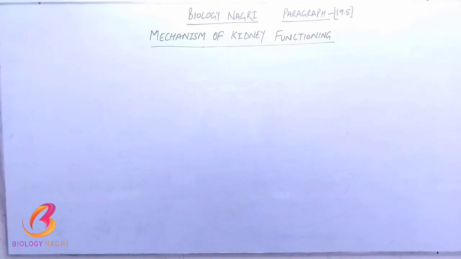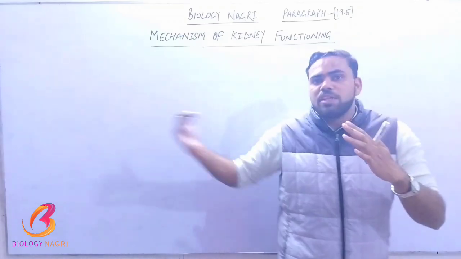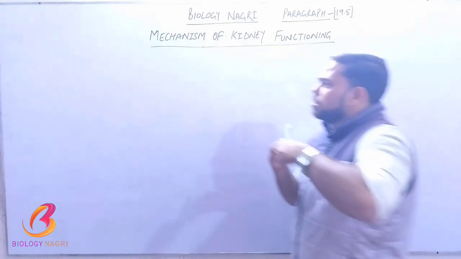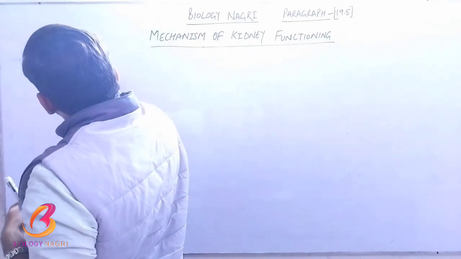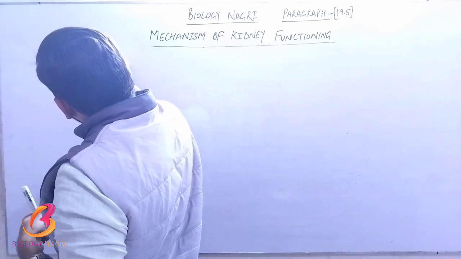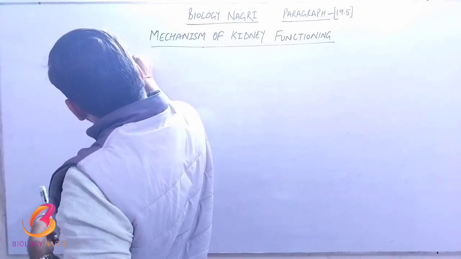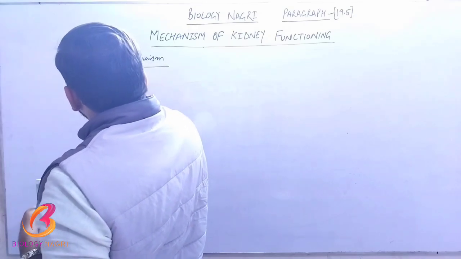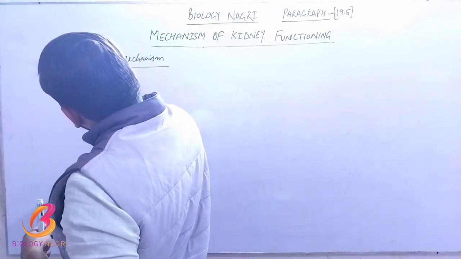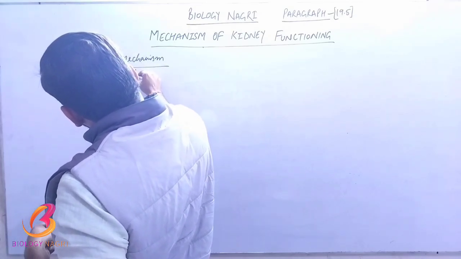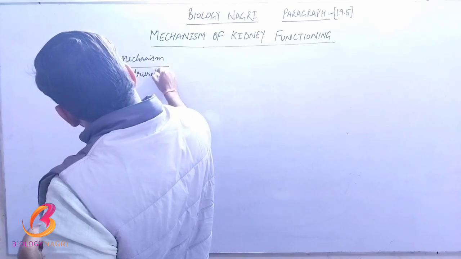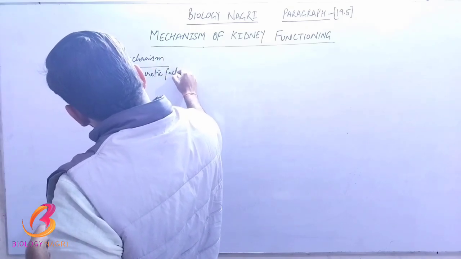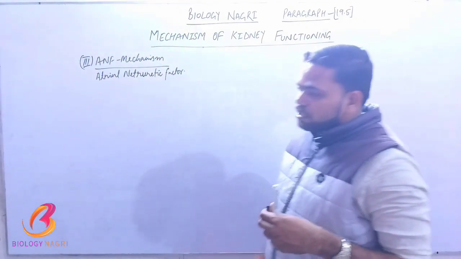Now let's go to the third mechanism, which is antagonistic to the previously studied two mechanisms. This is the ANF mechanism, the atrial natriuretic factor, a hormone released by the right atrium.